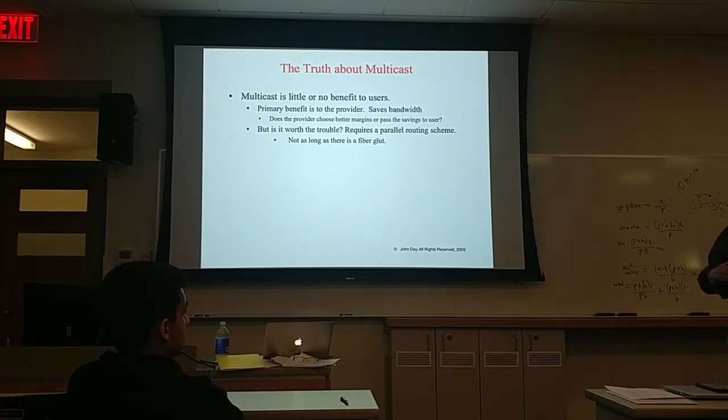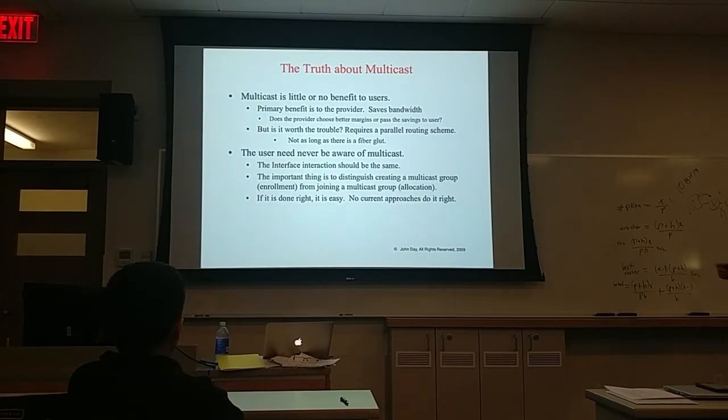What effect are they going to have on each other? The user need never be aware of multicast. You can make the API look like a unicast API. He doesn't have to know anything. The important thing is to distinguish creating a multicast group enrollment from joining a multicast group allocation. If it's done right, it's easy.